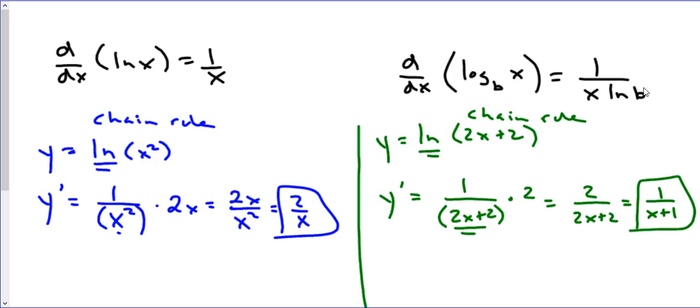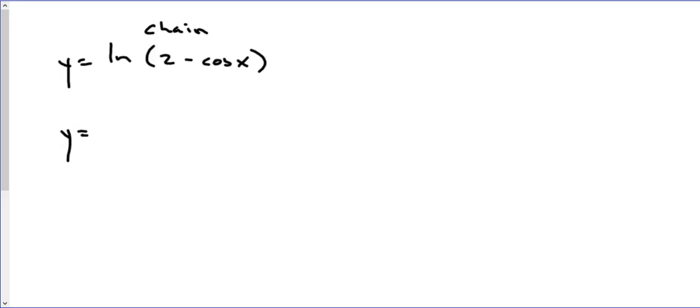Hopefully you're starting to get the hang of this. We're going to try some more. Let's say I have y equals natural log of 2 minus cosine of x. Once again, use the chain rule. Take the derivative of the natural log, which is 1 over 2 minus cosine of x, because it has to be 1 over the quantity inside.